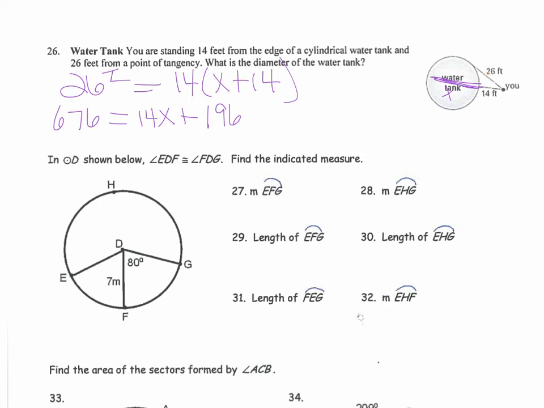Subtract that 196 from 676, I get 480. Divide by 14. I get 34.3 equals x, which means that's my diameter.